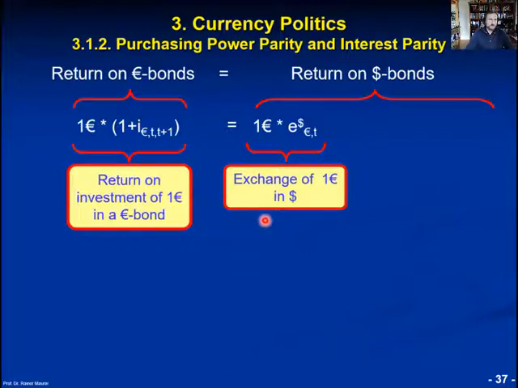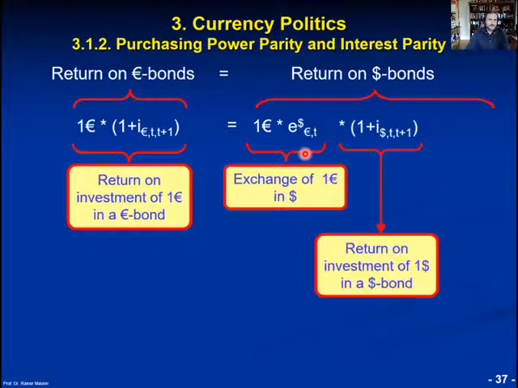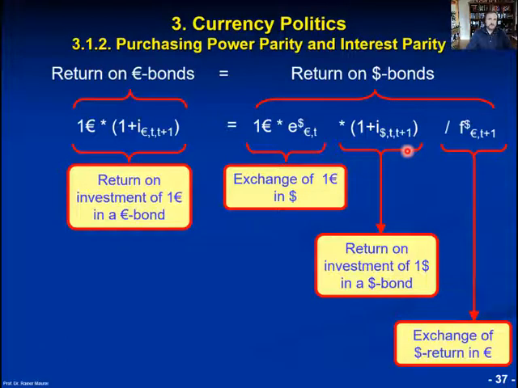We first have to convert our euro into dollar with the help of the spot exchange rate. Then we can invest the resulting amount of dollar in the dollar bond at the dollar interest rate. And then we have to recalculate the value of the resulting amount of dollar into euro with the help of the forward exchange rate.